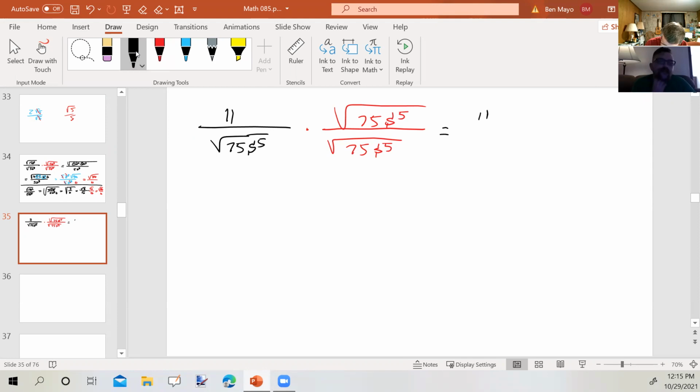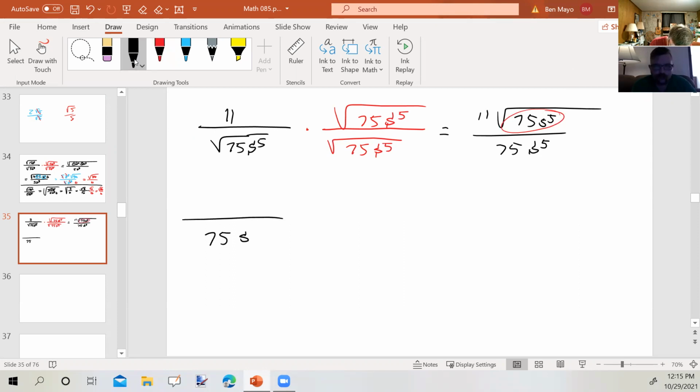That gives me 11 times the square root of 75s to the 5th over 75s to the 5th. Okay. Now I'm going to come back and I'm going to simplify this stuff inside. My denominator is still 75s to the 5th. I've got 11, and I'm going to write this as 3 times 25 times s to the 4th times s.